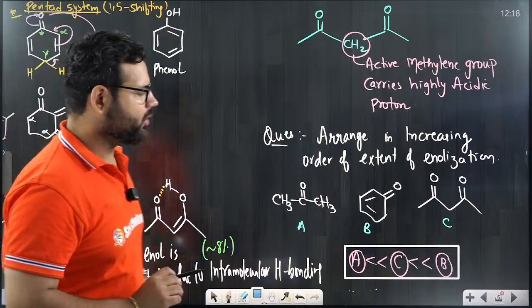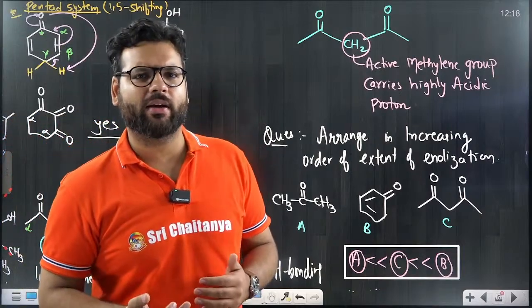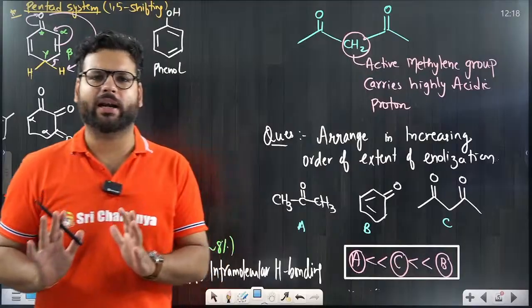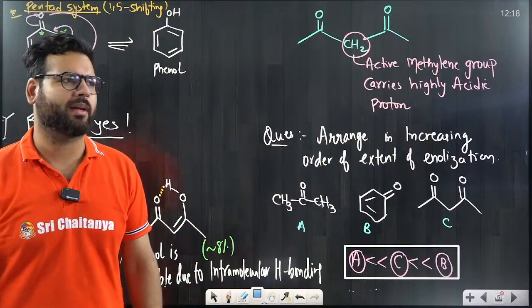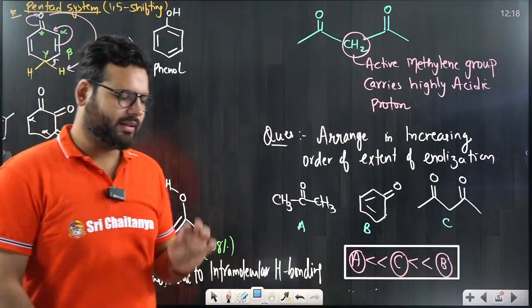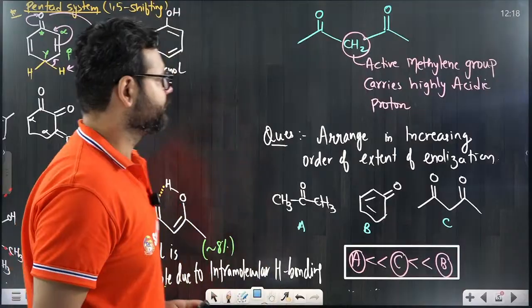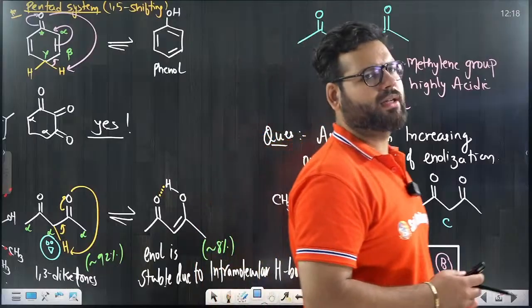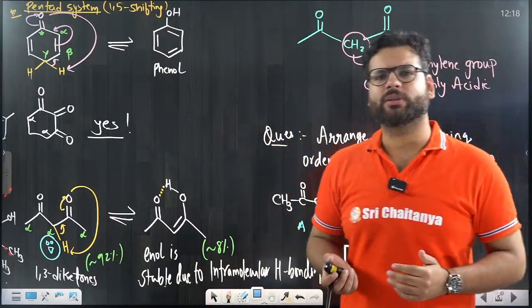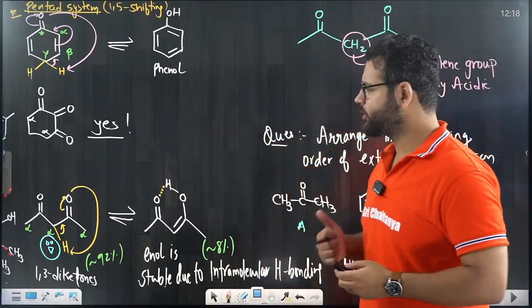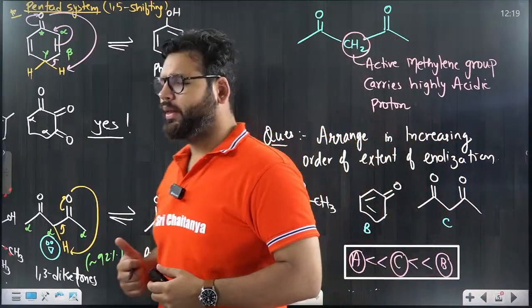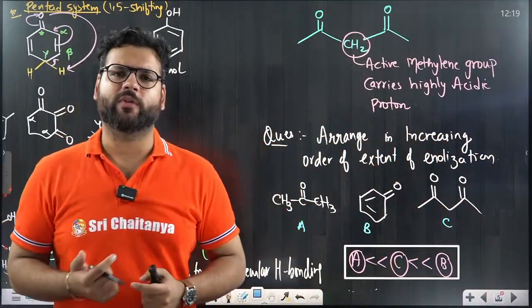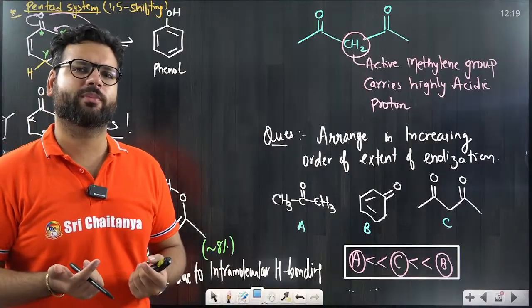Tautomerism as a topic, not much there in the NCERT, but simple questions can be asked from tautomerism. This is all about tautomerism. So what we have discussed is, what are the conditions to show tautomerism? Then what are the exceptions in tautomerism, which is the alpha bridgehead carbon exception.